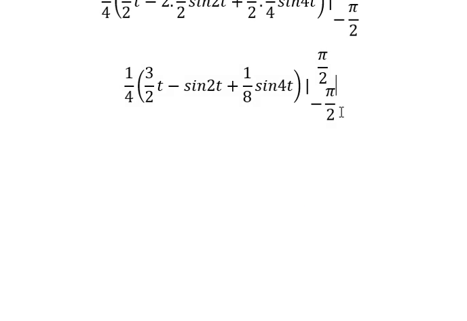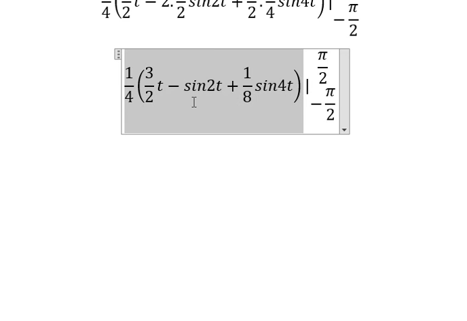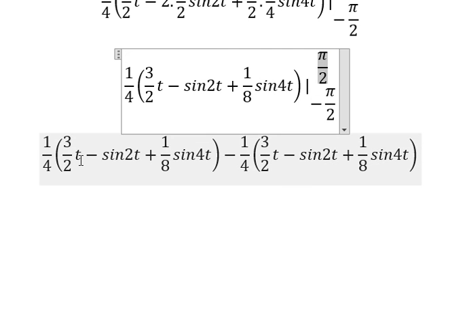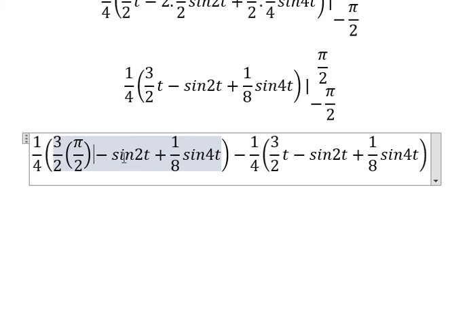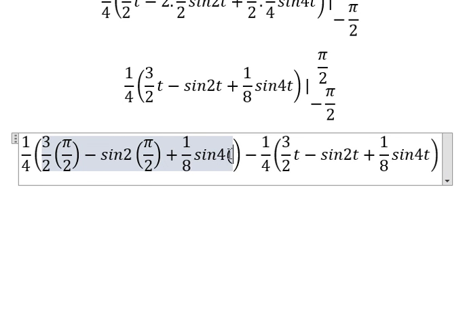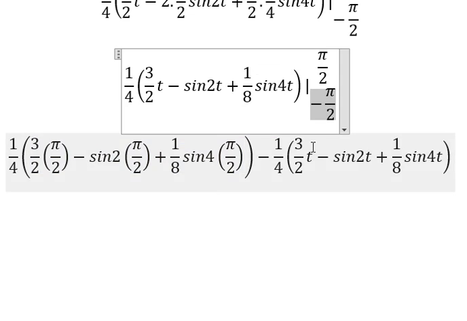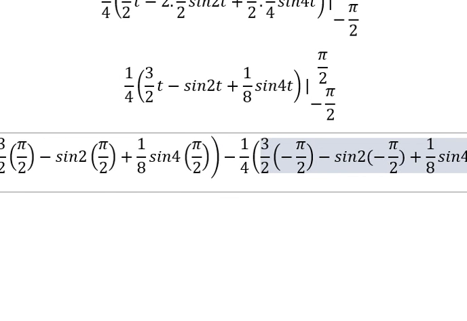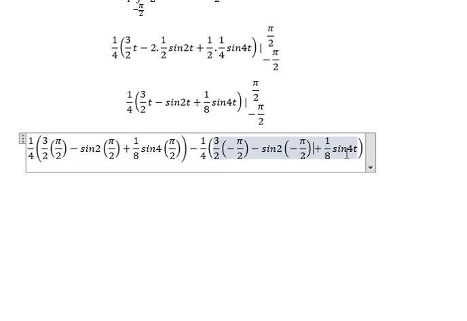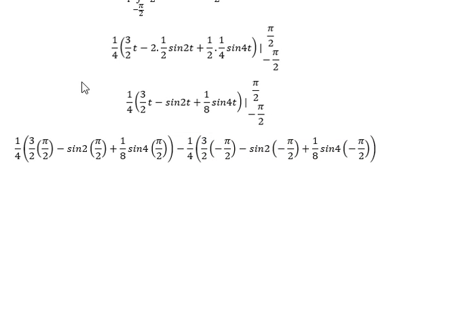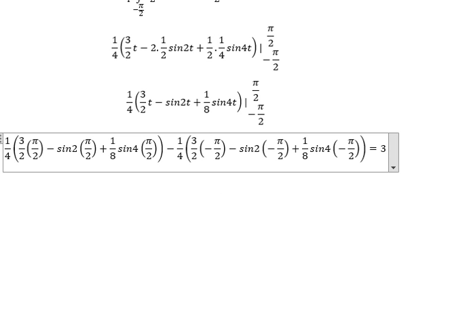Now we put b over 2 and negative b over 2 in here. We calculate this one, and we have 3b over 8.